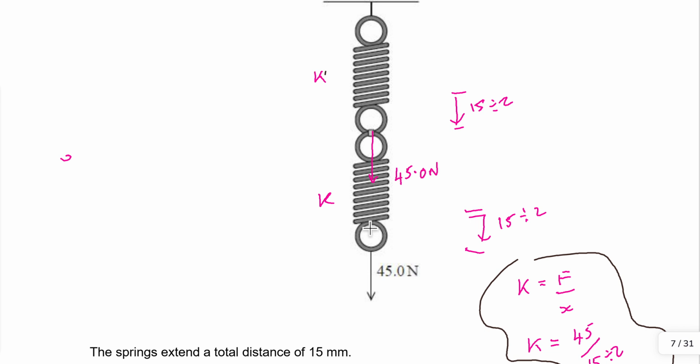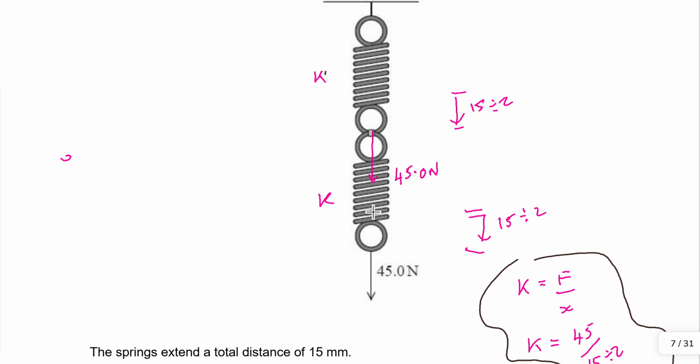Now this force of 45 acts along both springs, and the line of action will get the same force. So the line of action with the force acting downwards is vertically upwards, and along that line the force will be the same all the way through.